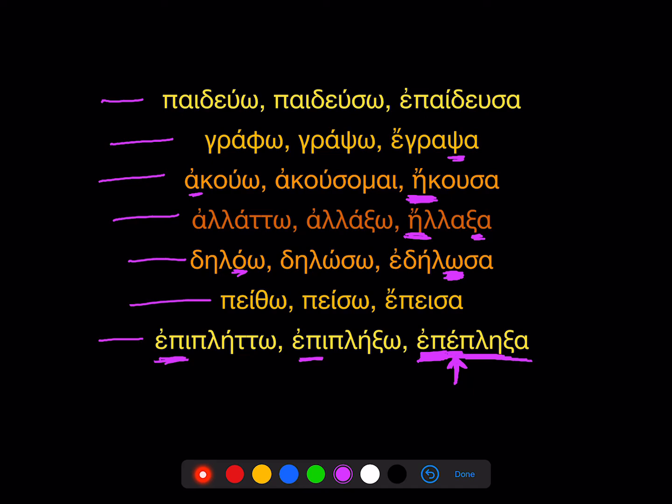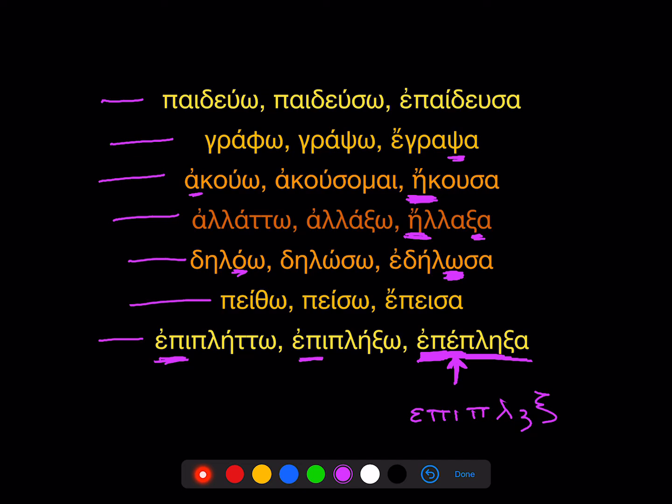What if we wanted to make an infinitive or an imperative? What's our stem? We have to get the augment out of there. So the stem is actually epiplex. Okay, you have to take that augment out of there.